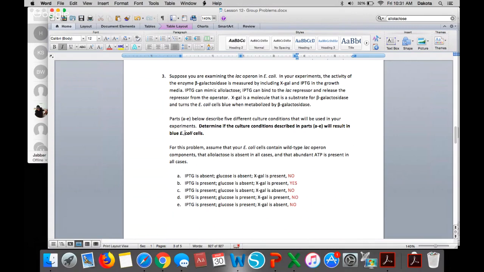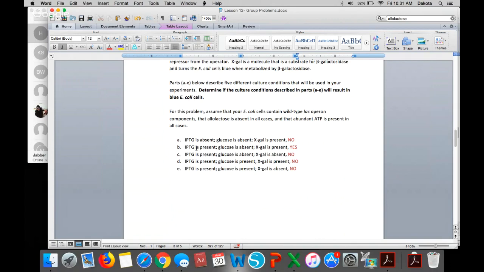If that'll result in blue E. coli. Sorry. So when we have glucose absent, but then we have the IPTG present and the X-gal present, that's when you'll have blue E. coli. But all the other ones would be no.